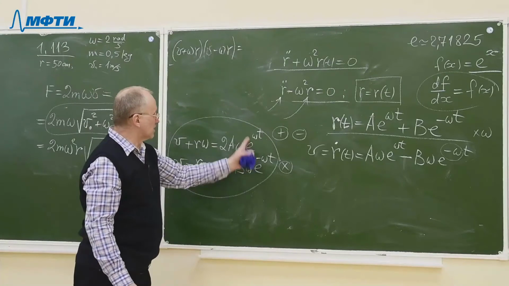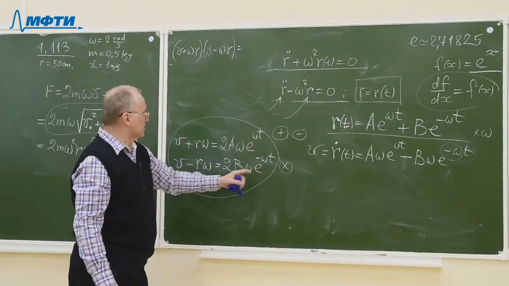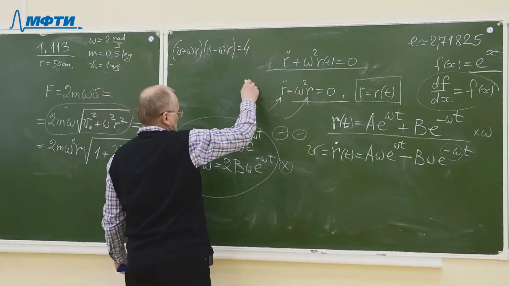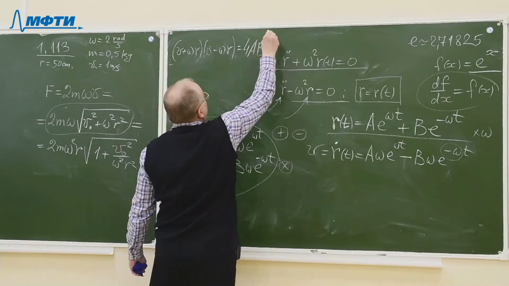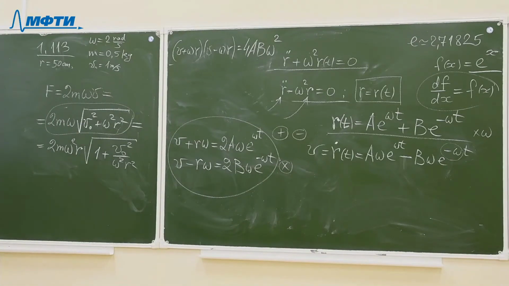Why do I want to multiply? In order to get rid of this exponent. After multiplication, these two exponents will cancel, and I will obtain 4ab omega squared. Is that correct?